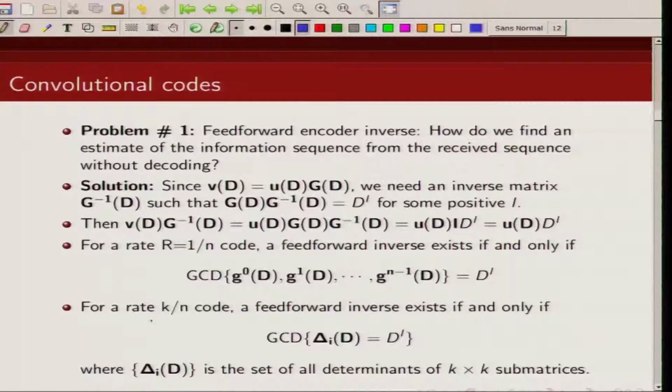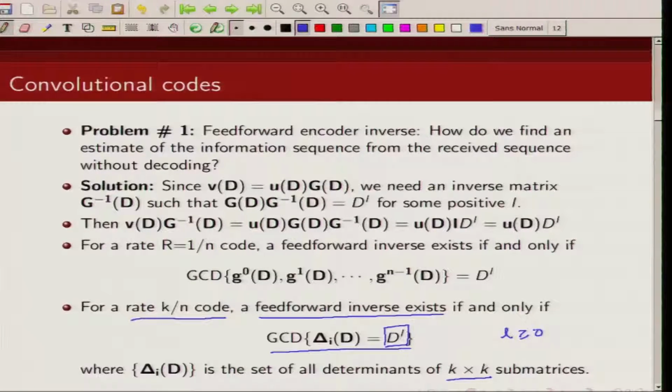Similarly, for a rate k/n code, a feedforward inverse will exist if and only if the greatest common divisor of the set of determinants of all k by k submatrices of the generator matrix is again some D^l, where l is a non-negative number.